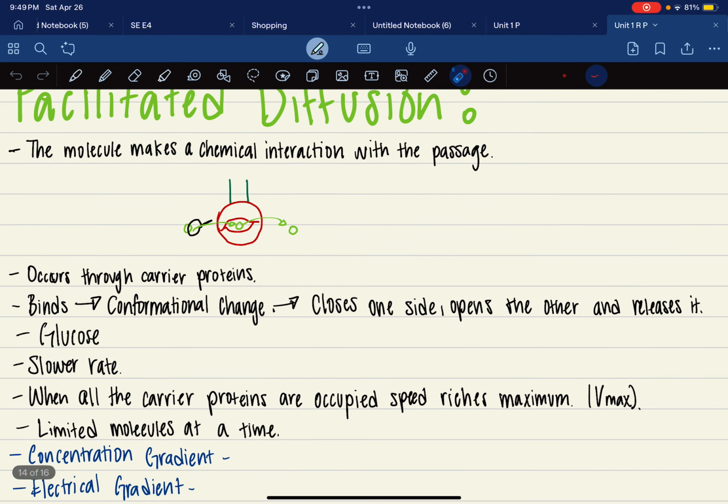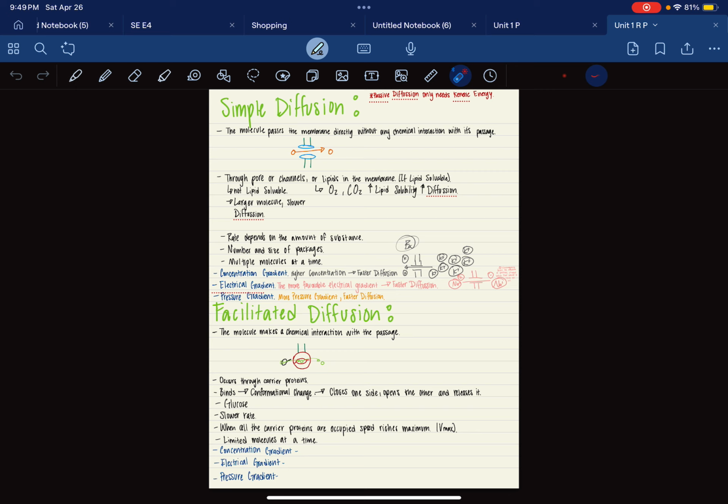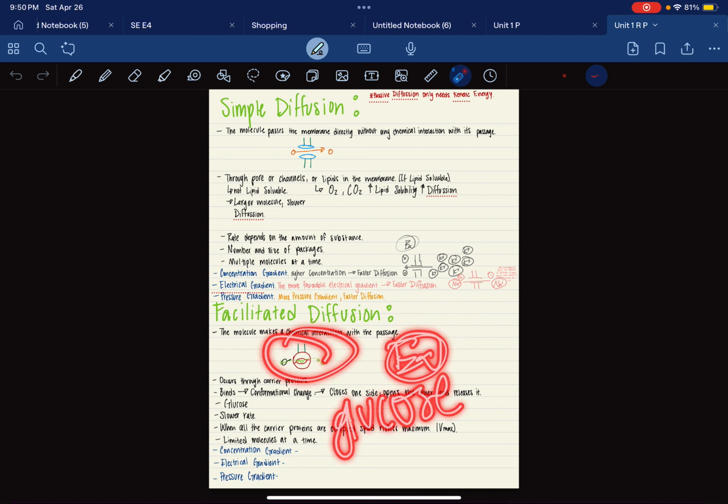This is slower, and it doesn't happen through large amounts. So there's a slower rate. And so that's that. One example of this is glucose tends to do that.